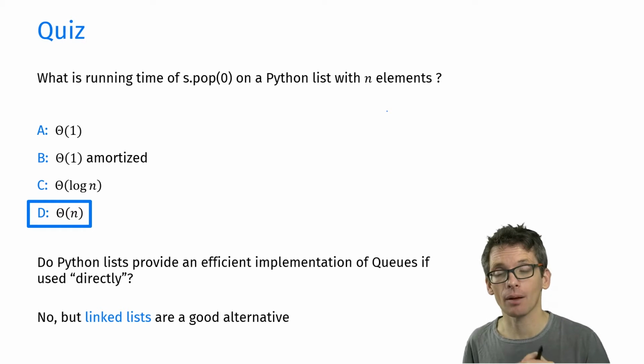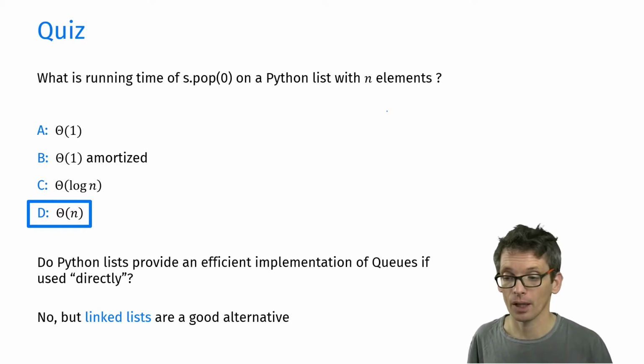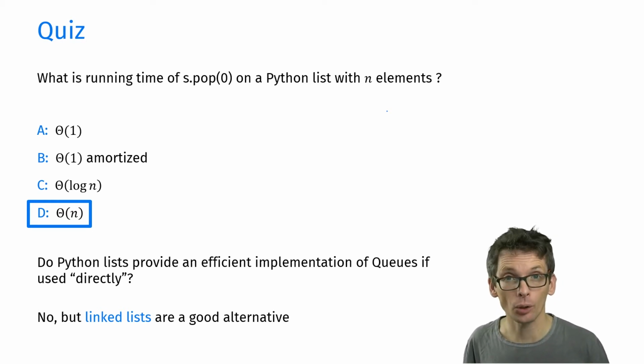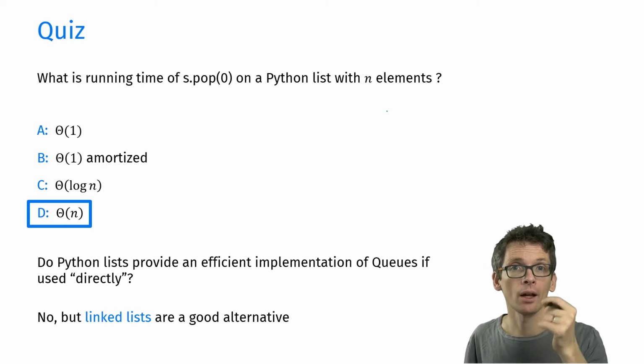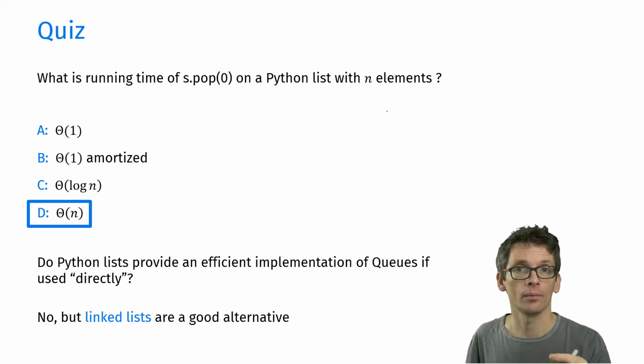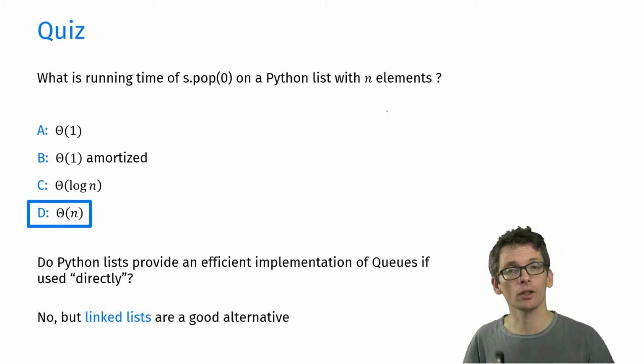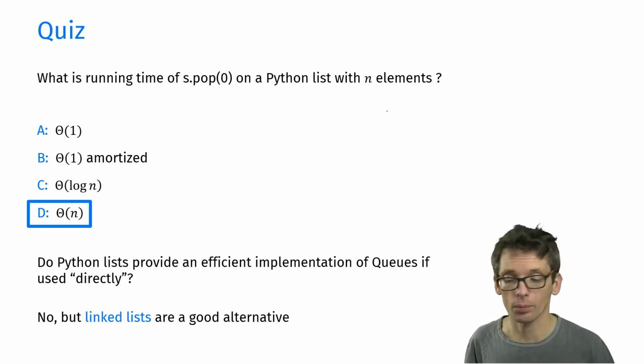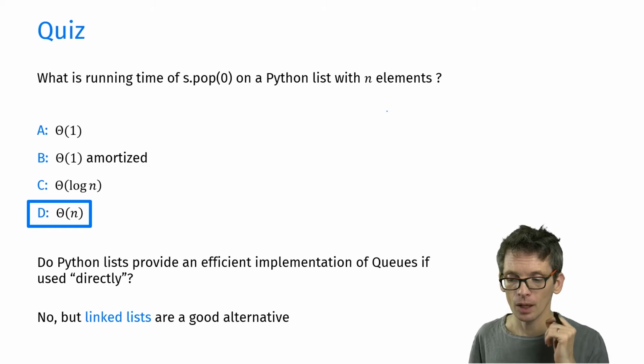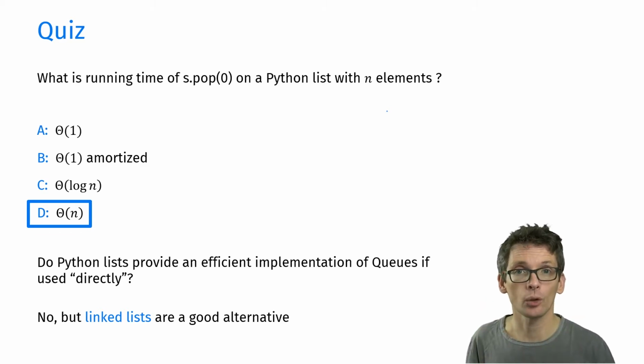So this is something that you do not want to do if not necessary, and it does not provide an efficient way of implementing a queue. You can do the business with the tail and the head, so that's efficient, but don't directly use pop 0. We're going to see an alternative, and that is implementing queues using linked lists.